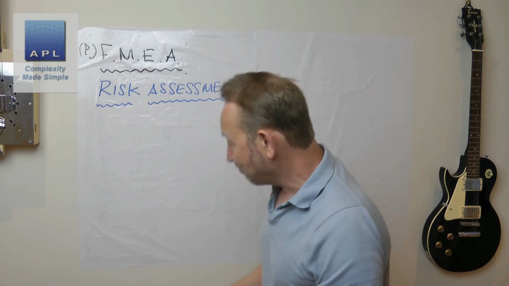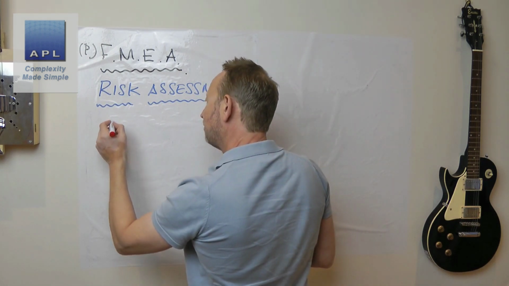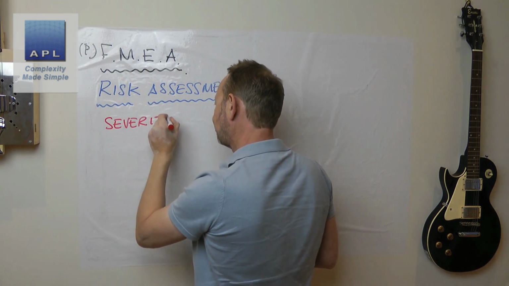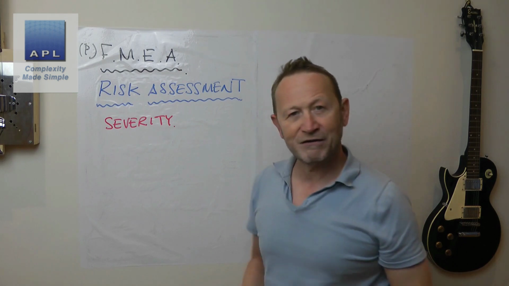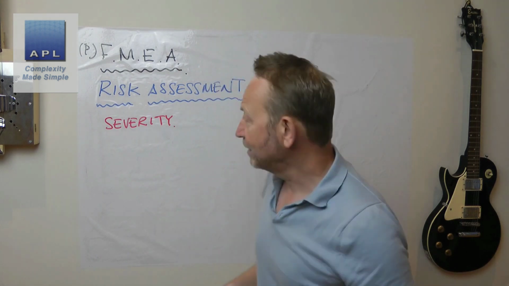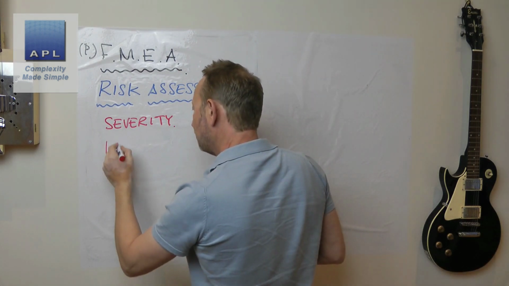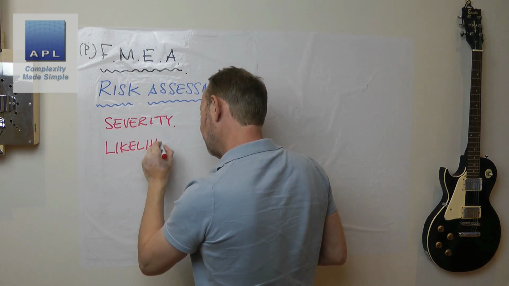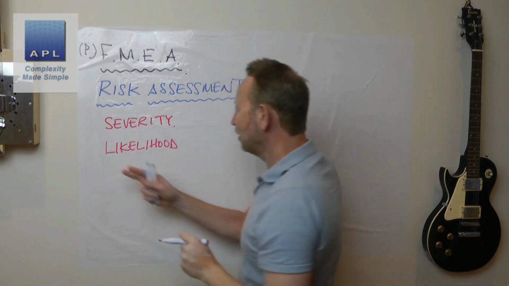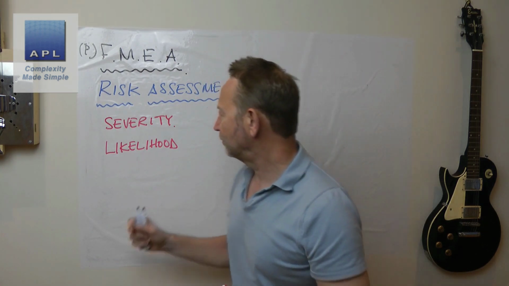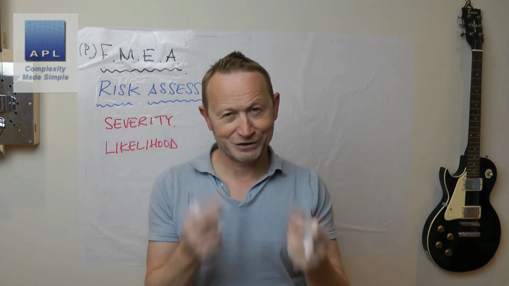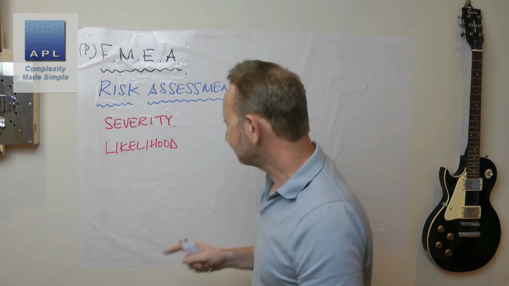Now, what is risk made up of? Well, it's made up of the severity of the error that you're likely to make. It's made up of the likelihood that it's going to happen.